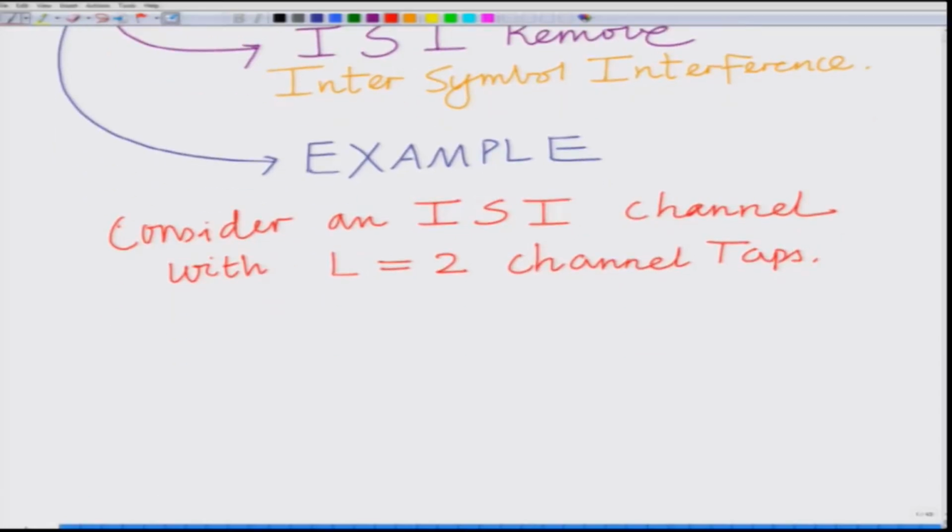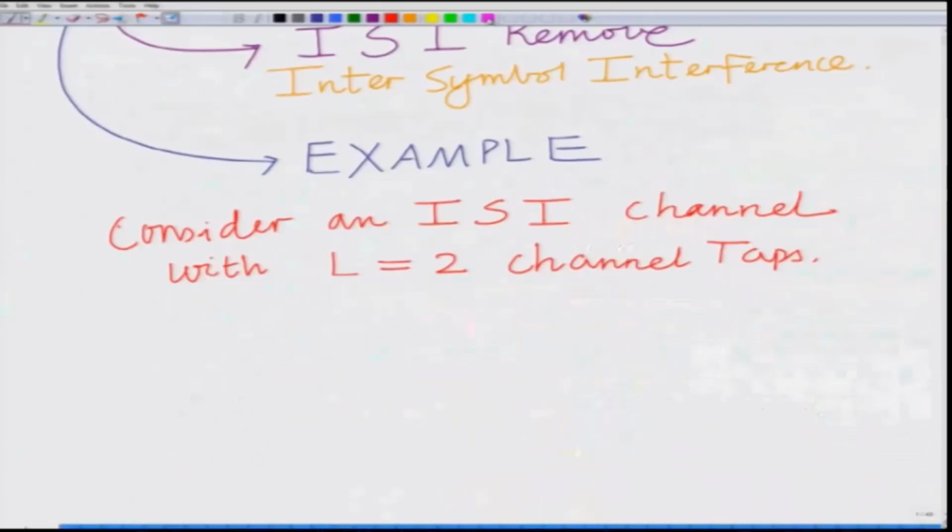We said in the equalization model, that is the model with intersymbol interference, we denote the number of channel taps by capital L, and these channel taps are denoted by H0, H1 up to HL minus 1. So we have L equal to two channel taps, that is H0 and H1.